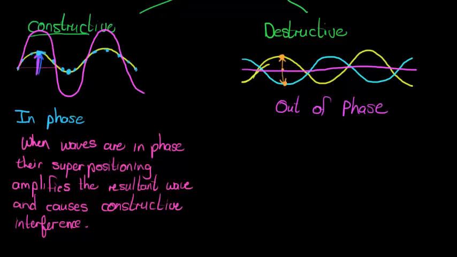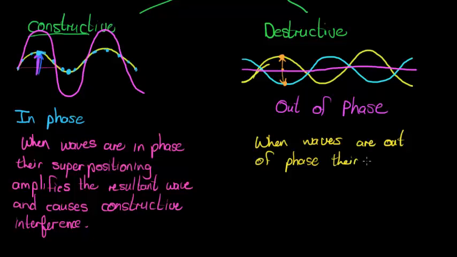Okay, now for destructive interference, I will say when waves are out of phase. Okay, so remember what out of phase means: when the one is at its peak, the other one is at its trough. Okay, they're superpositioning, I actually don't know what word to use. Let's just say destroy. Okay, destroys.